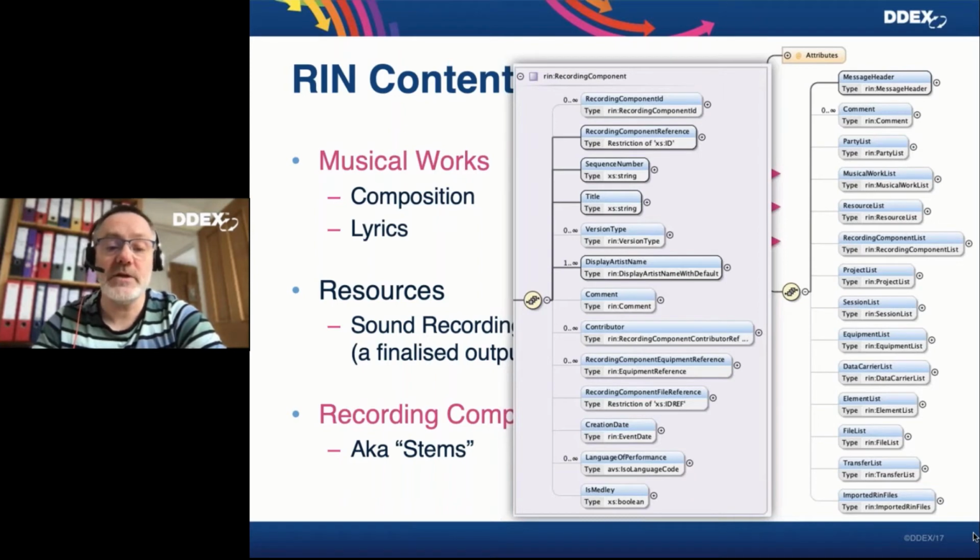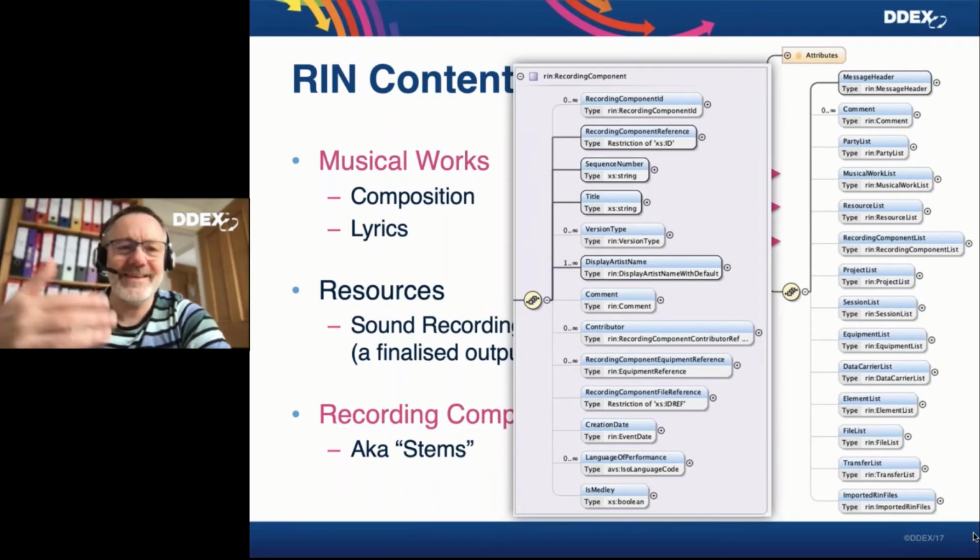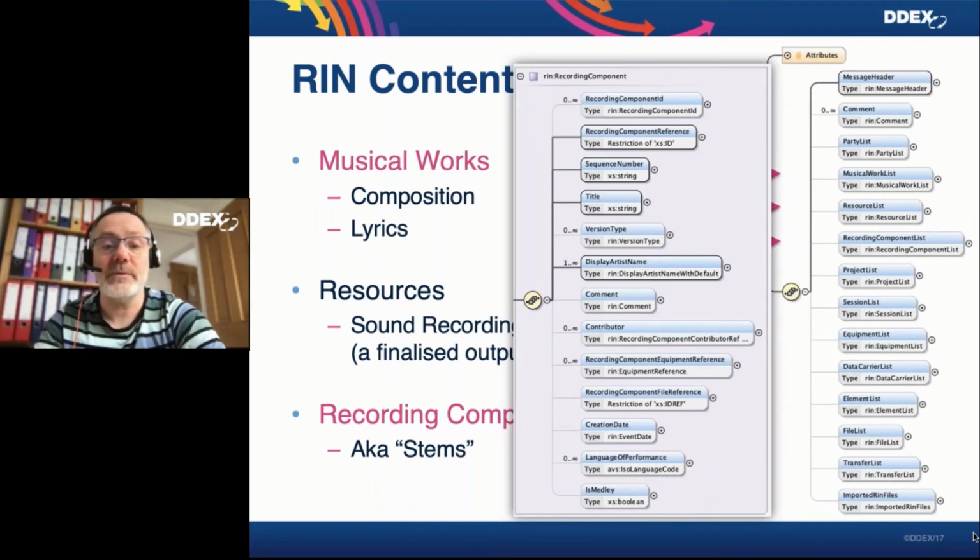Again, creation date, which language it has been, and whether the whole thing is a medley or not. And you will also notice by the thin lines that there is very little mandatory fields there. The only thing that you have to have is a recording component reference, but that's an internal identifier within the message itself. So that's actually not data that you would find outside of the RIN message.